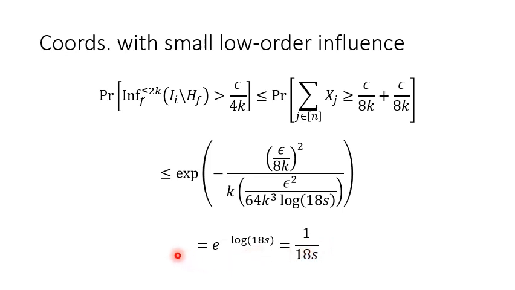But now remember that this whole analysis was for a fixed part I. So you can use union bound to say that the probability that even for one part this influence is bigger than epsilon over 4k is at most 1 over 18, but this means that with probability at least 17 over 18, all parts uphold that their influence is smaller or equal to epsilon over 4k, which is what was demanded from the proposition.